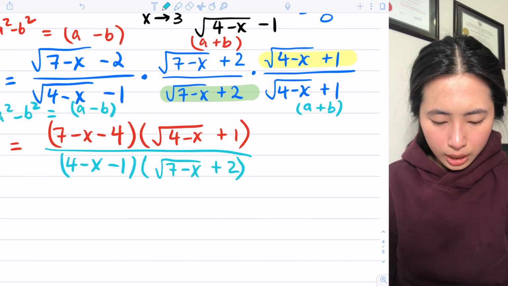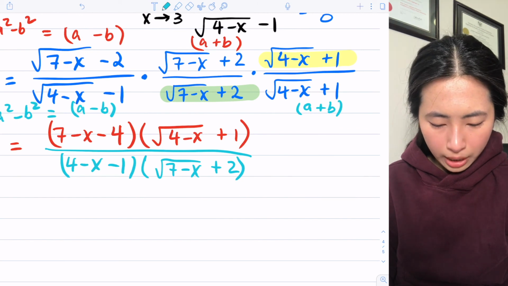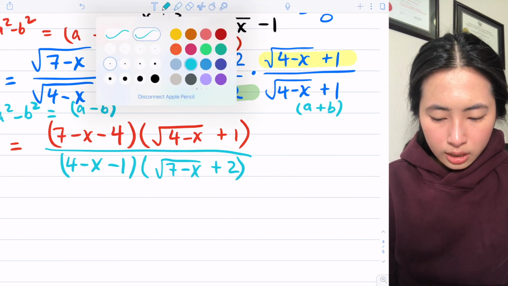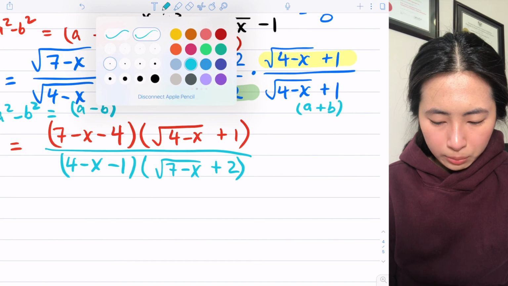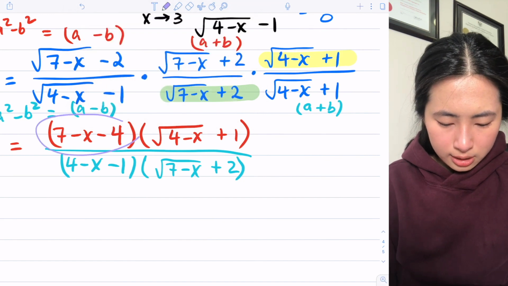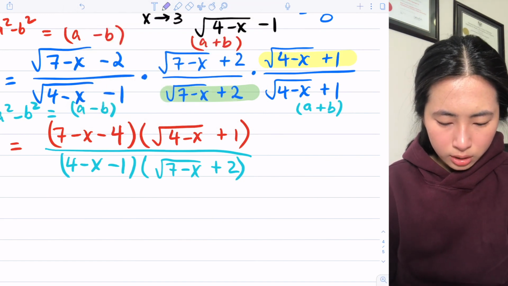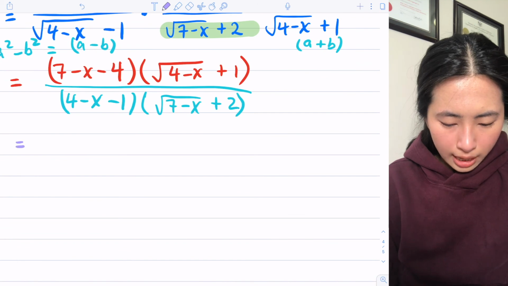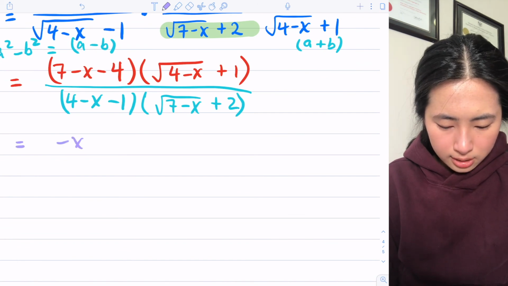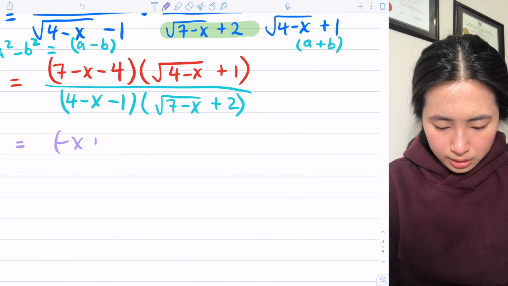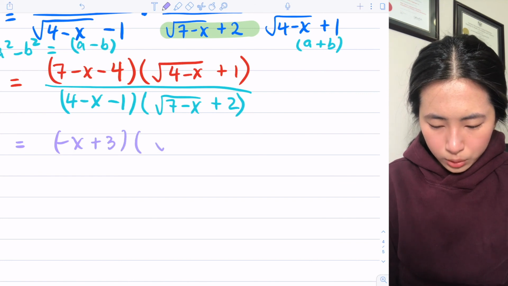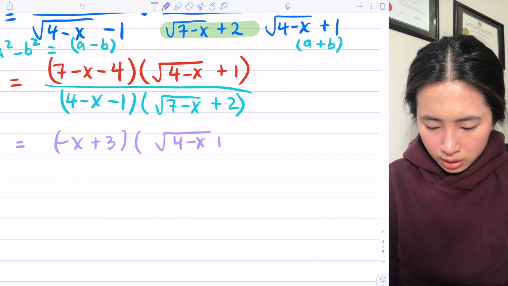So now just by looking at our numerator and our denominator, we're able to simplify some expressions. So I'm looking at this, 7 minus x minus 4. So we would get negative x plus 3, times square root of 4 minus x plus 1.